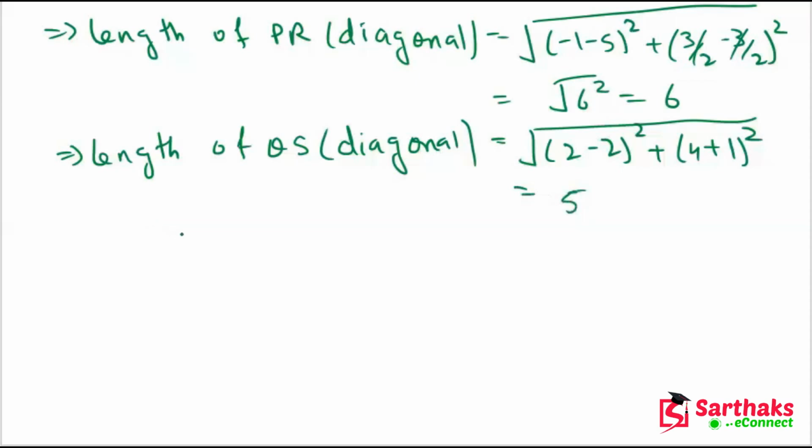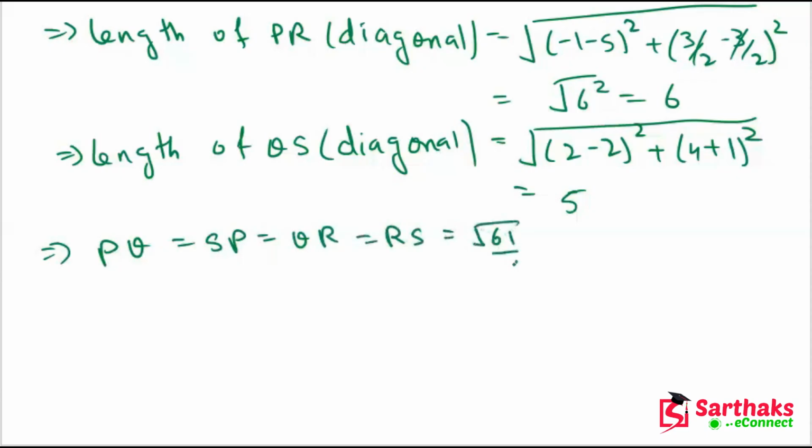So my dear friends, the above values show that PQ is equal to SP is equal to QR is equal to RS is equal to under root 61 upon 2. So all sides are equal, but the diagonals are not equal.